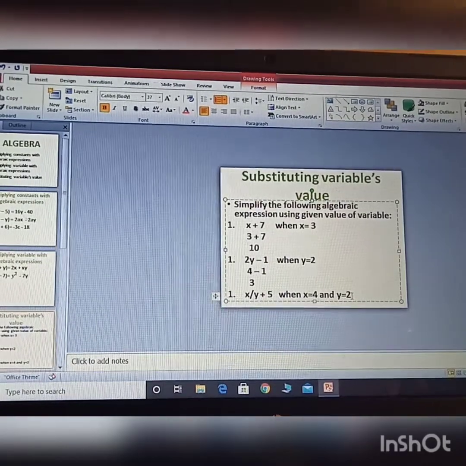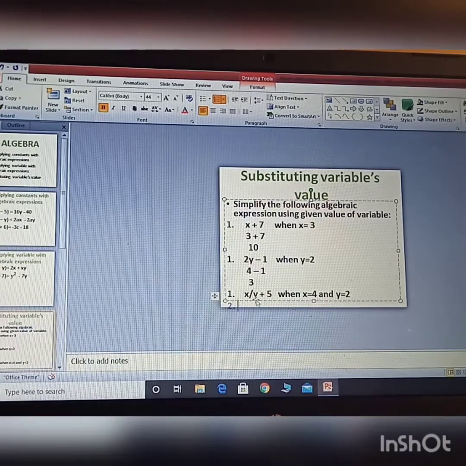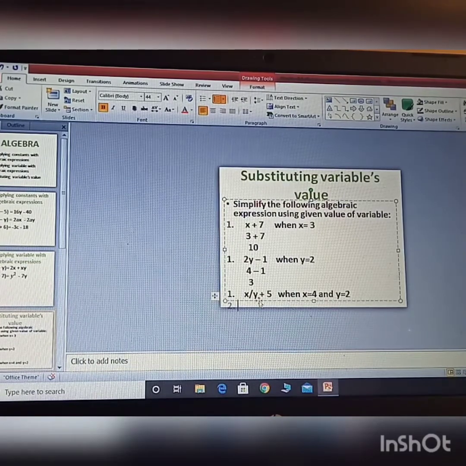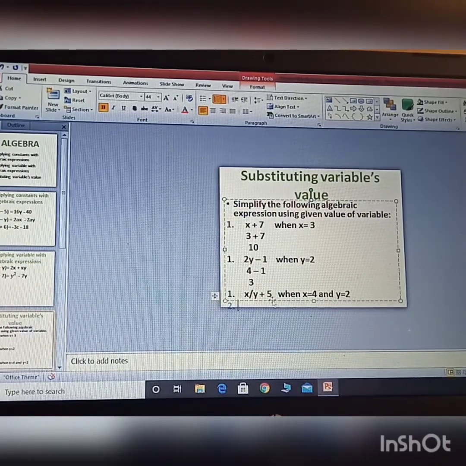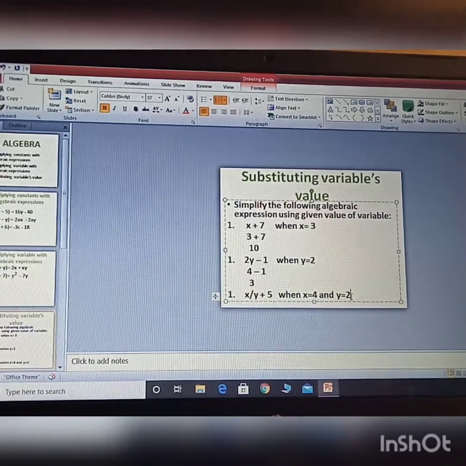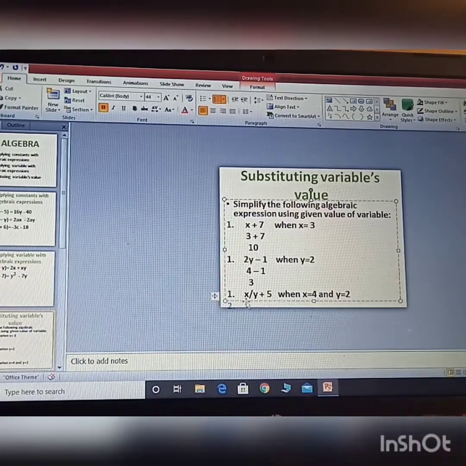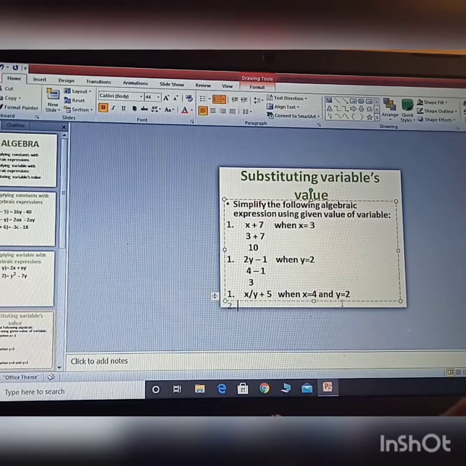The final example. Yes, it is x by y, or x divided by y plus 5 when x is equal to 4 and y is equal to 2. So what you are supposed to do, x is being divided with y, so you will divide 4 with 2.